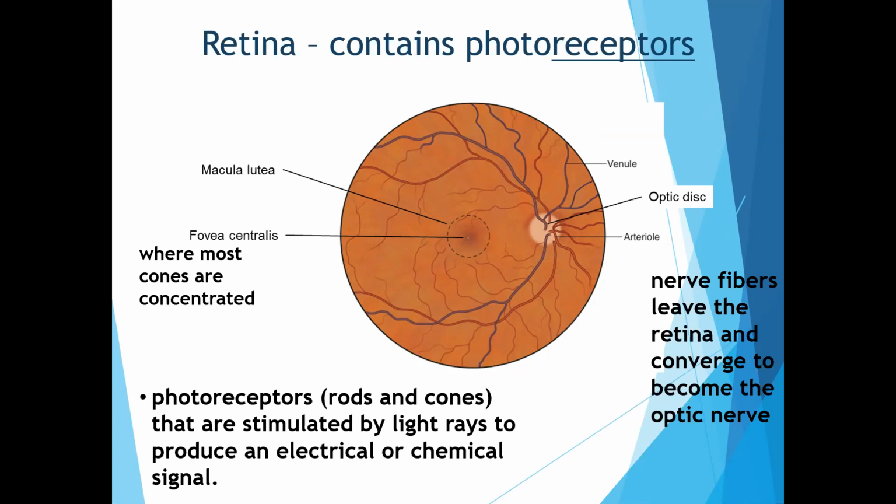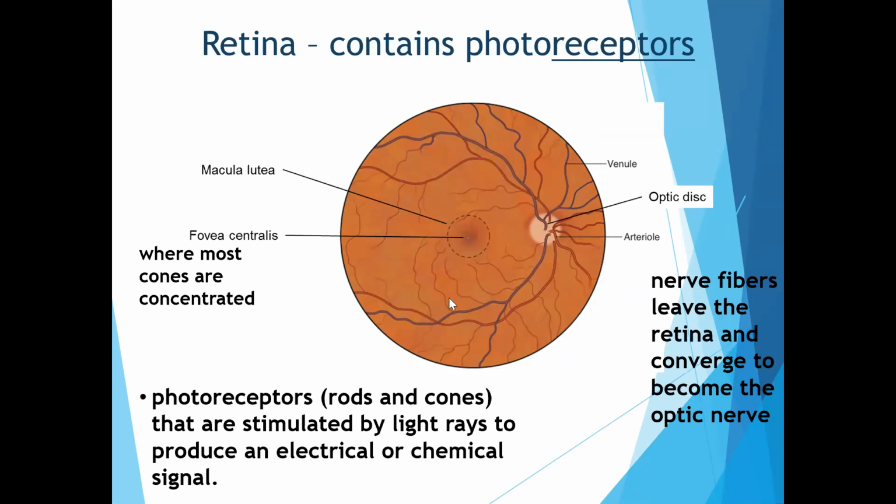Our rods typically are the black and white, less detailed receptors, whereas our cones are our color and fine detail receptors. If you look here, you have your fovea centralis. Our cones are concentrated there, so that's where our most precise and sharpest vision is.